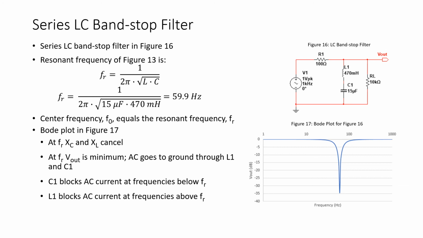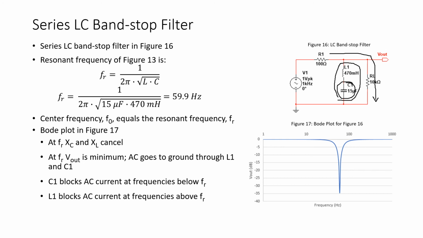Now, at frequencies below resonance, X sub C is greater than X sub L. Now, this LC combination is not a short, and there is a path for current to flow through RL, because again, X sub C is so large.